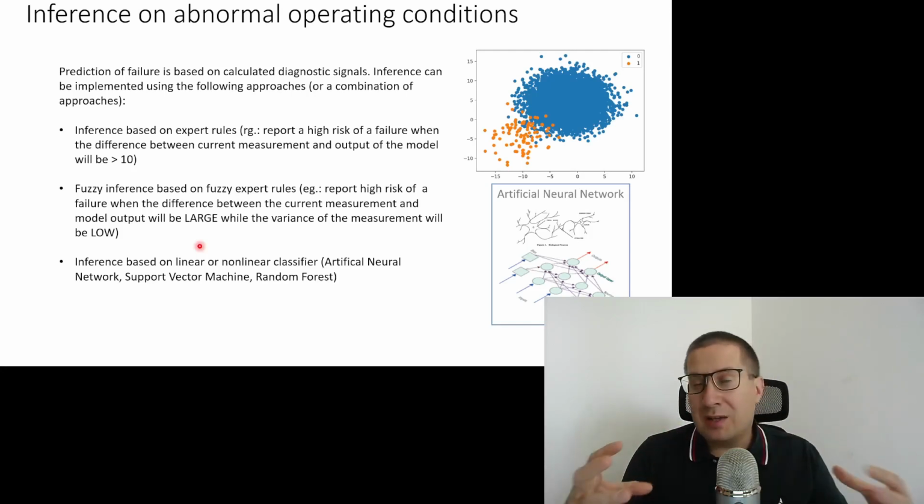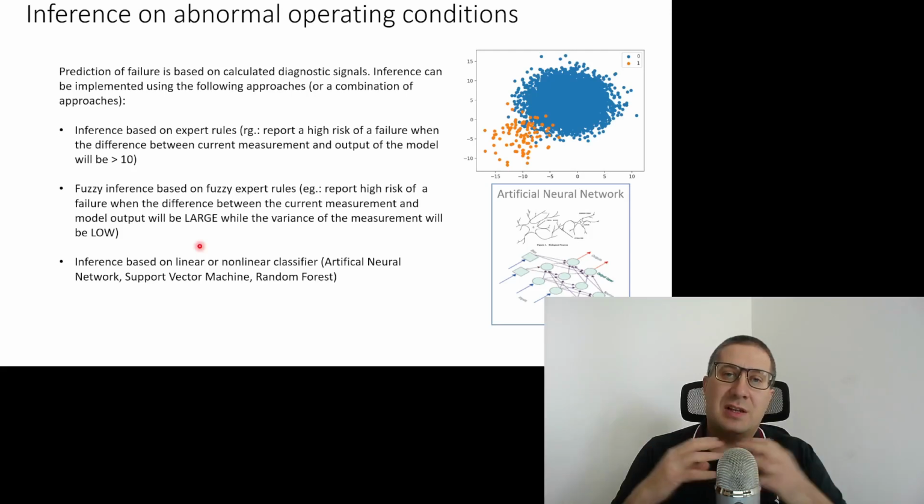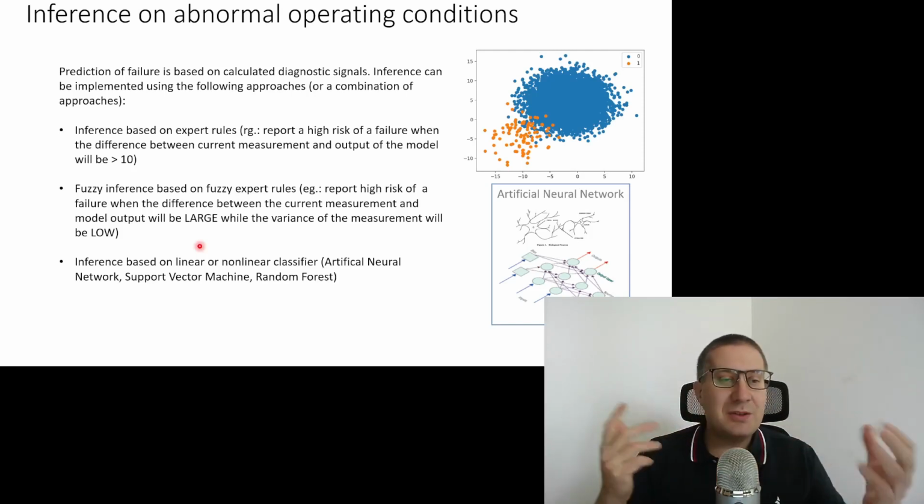Sometimes the norms can really help us, some standards for particular devices. There are such documents and we can use them. If we have many experts on the plant, we can use fuzzy inference.